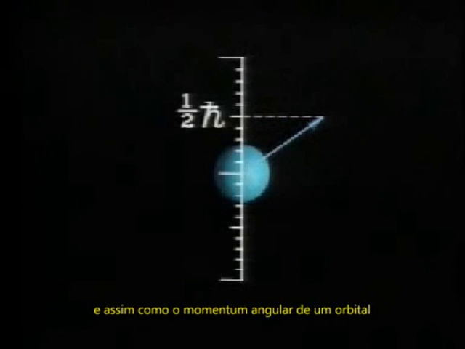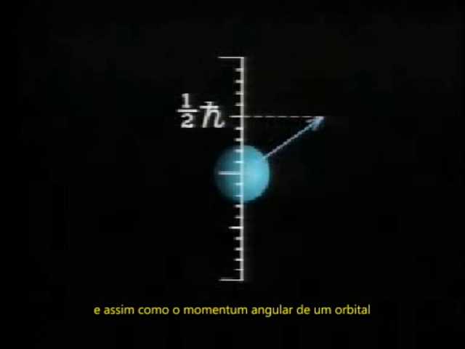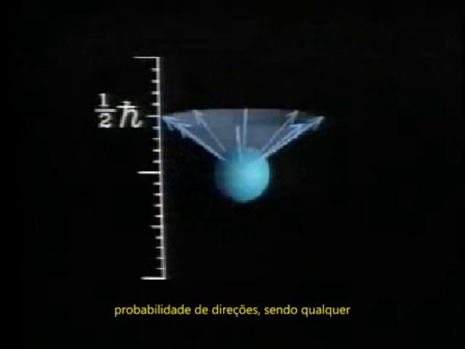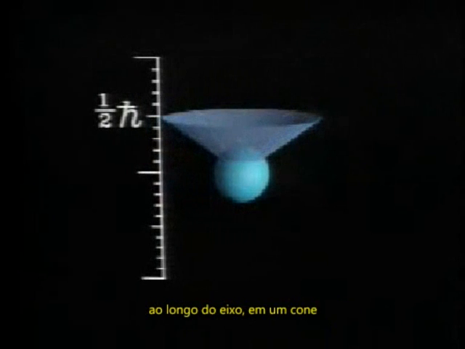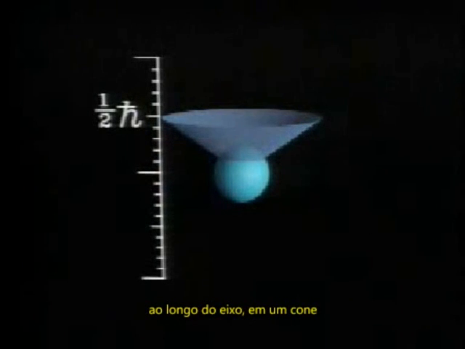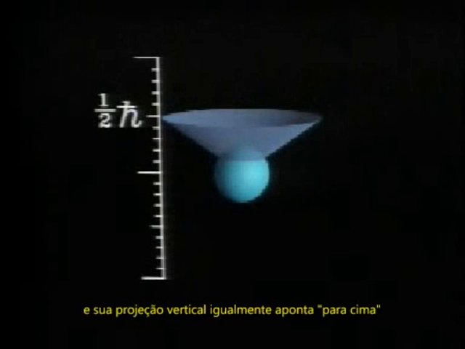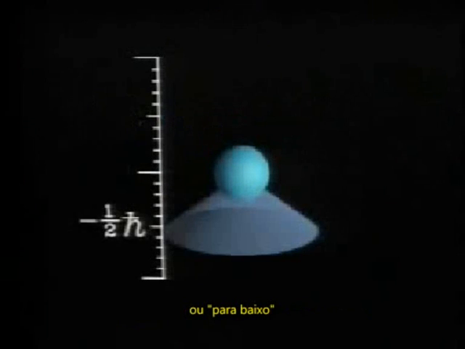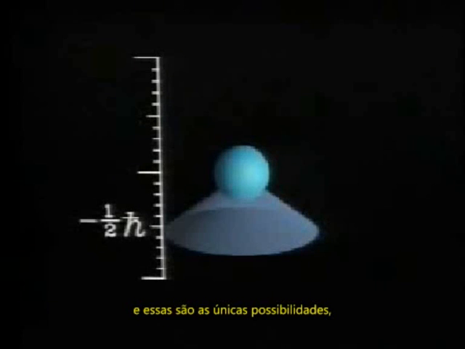And just like the angular momentum of an orbital, the spin angular momentum can be found with equal probability in any direction along a cone. That cone and its vertical projection can point up, or it can point down. Those are the only possibilities. Nothing in between is allowed.